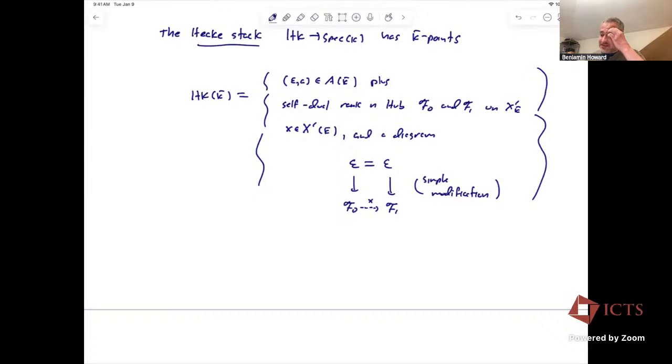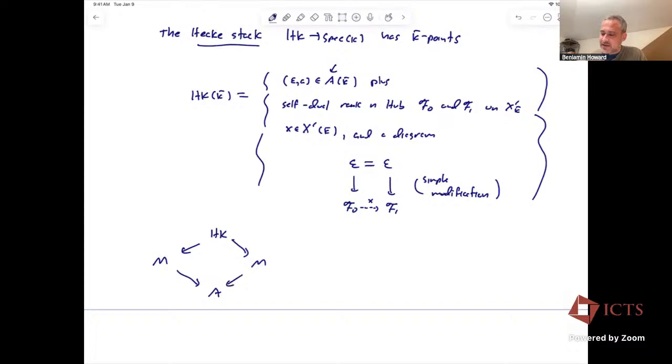And this Hecke stack is constructed so that it admits a map to A, just remembering the first bit of information. But if I take the EA and just remember the map from E into F0, that's a point of the Hitchin stack M. Or I could just remember E and its map to F1, and that would give me another map to the Hitchin stack.